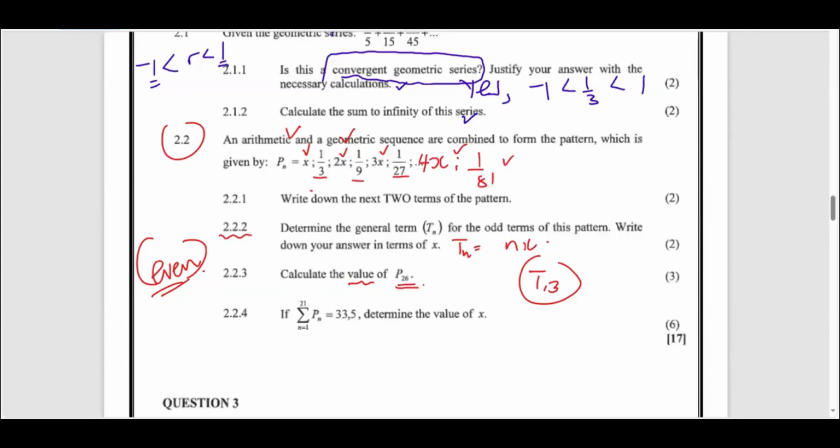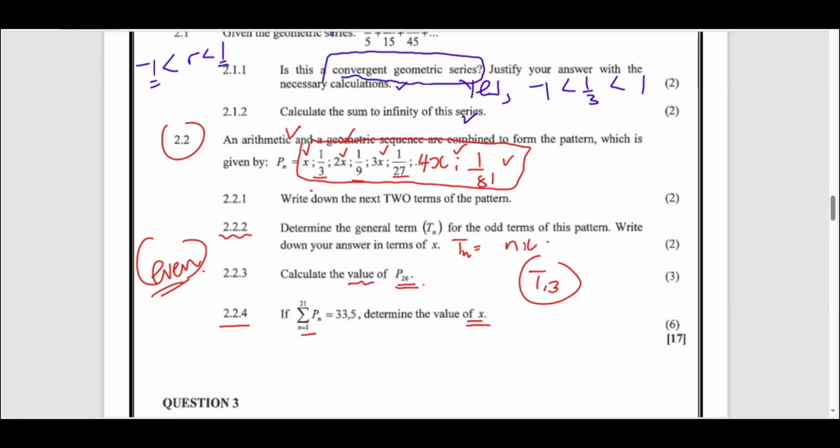All right, then 2.2.4. If the sigma from n equals 1 up to n equals 21 of Pn, remember, this whole sequence or the combination part represents the Pn. They want us to determine the value of x. Remember, whenever we see the symbol sigma, it deals with the sum.